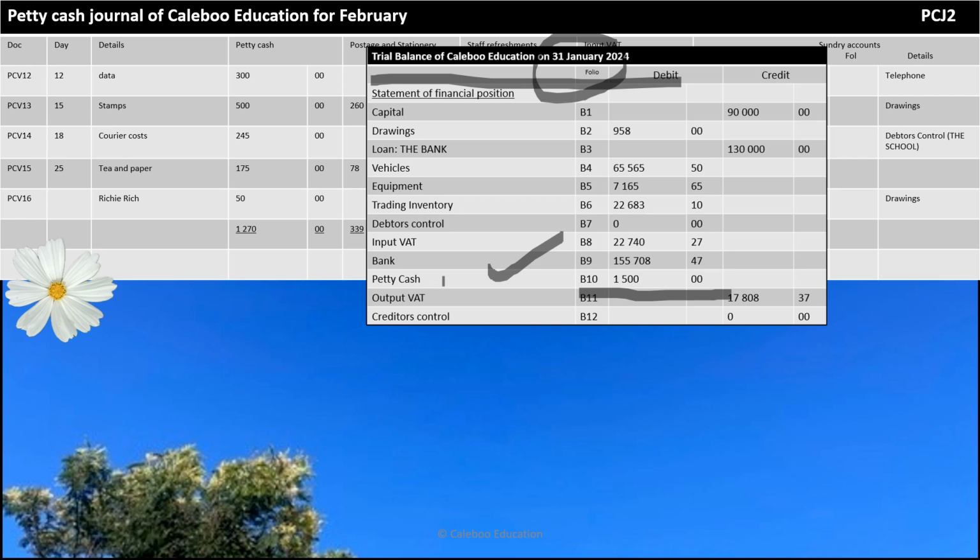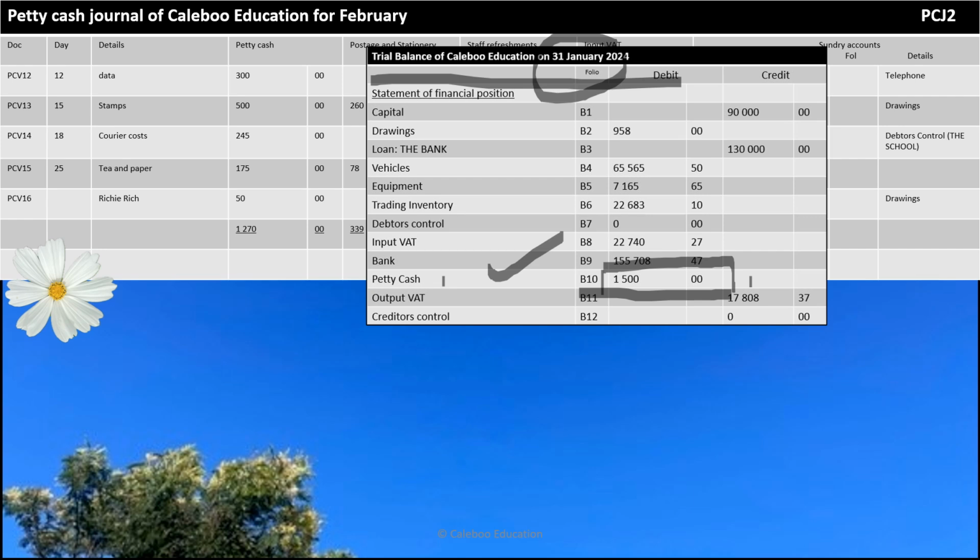Now I'm just pointing this out because in our business we work on an imprest system. Every month we will start the month with 1,500. If money from petty cash is spent during the month, we replace it at the end of the month, and every month we will start on 1,500, the imprest amount.